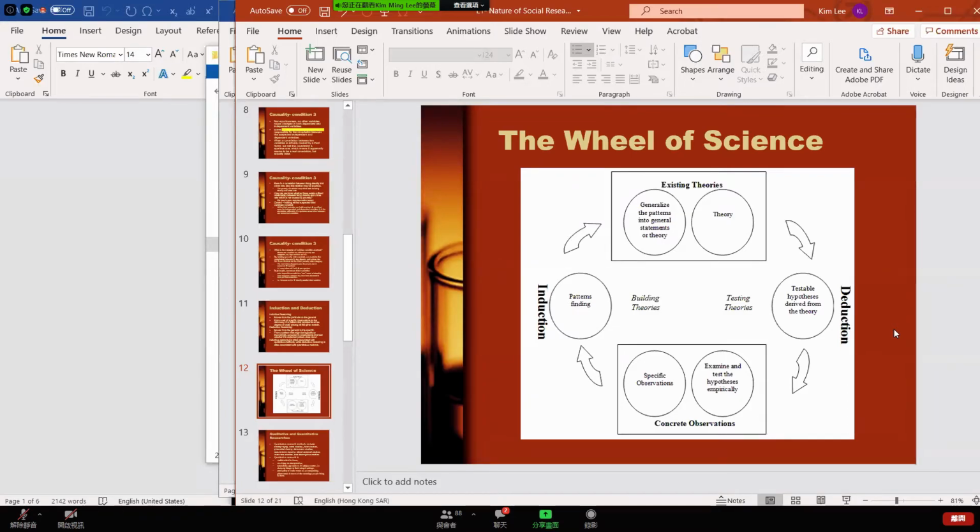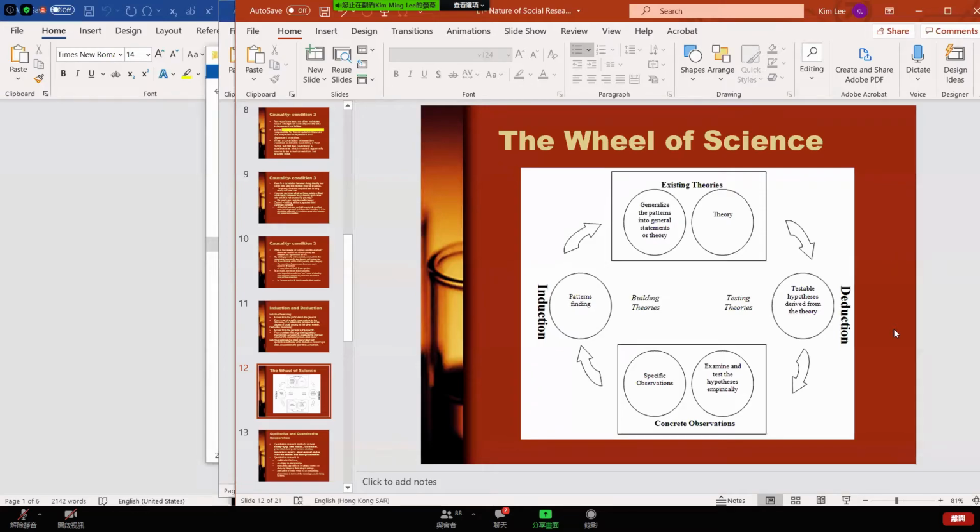So when I try to derive a testable hypothesis in Hong Kong, I can say something like this: people with higher education in Hong Kong will be more likely to participate in, say, the anti-extradition movement.